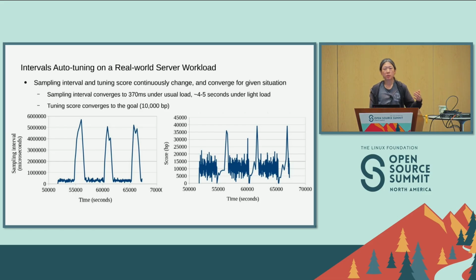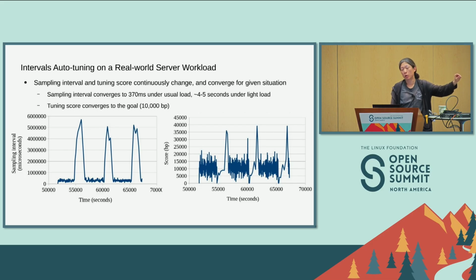The minimum sampling interval was 5 milliseconds and the maximum was 10 seconds. The auto-tuning feature started from 5 milliseconds and then adapted the sampling interval as the workload changed its access pattern, converging to about 370 milliseconds on this real-world workload.